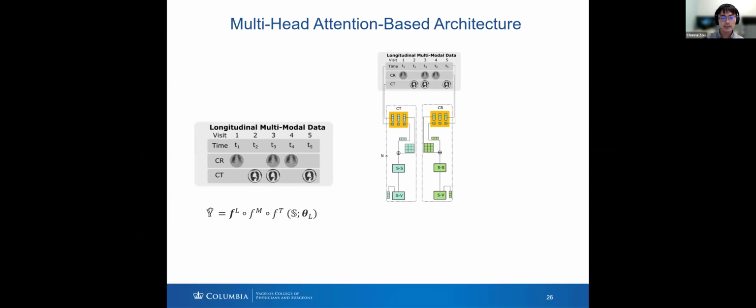In this case, because we have the index for visit, and this information is known by this attention-based network, which one is before which one is encoded in this structure. Does that answer your question?